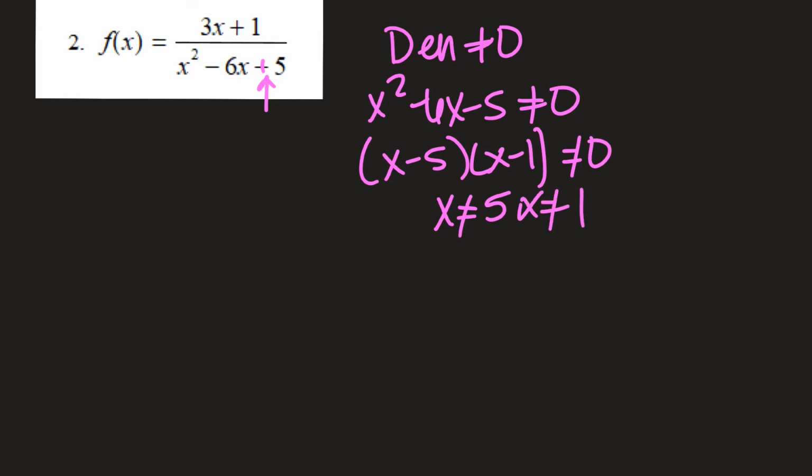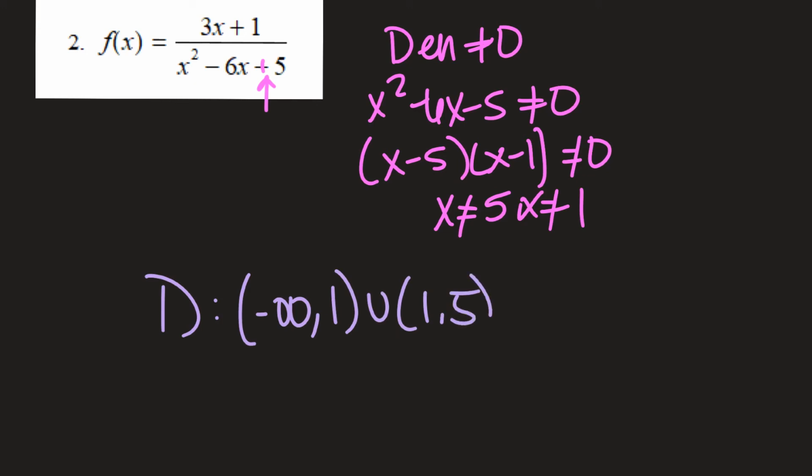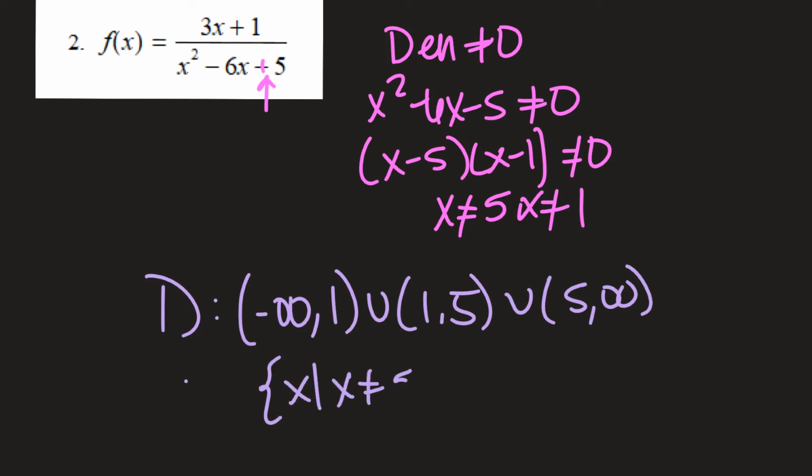They can't be those values. We don't care what the numerator is. So the domain is everything except 5 and 1. You have negative infinity to 1, union 1 to 5, union 5 to positive infinity. Or you can do set notation, which is x such that x is not equal to 5 and x is not equal to 1. Either one is acceptable.